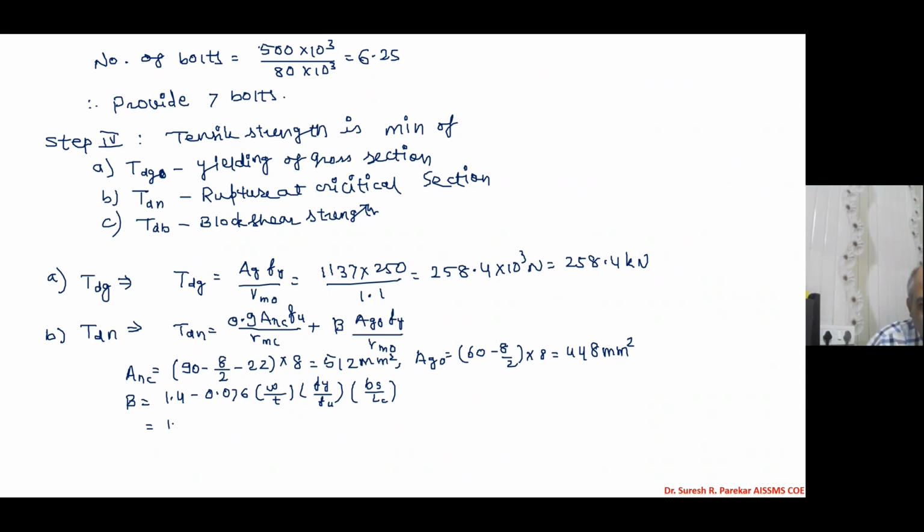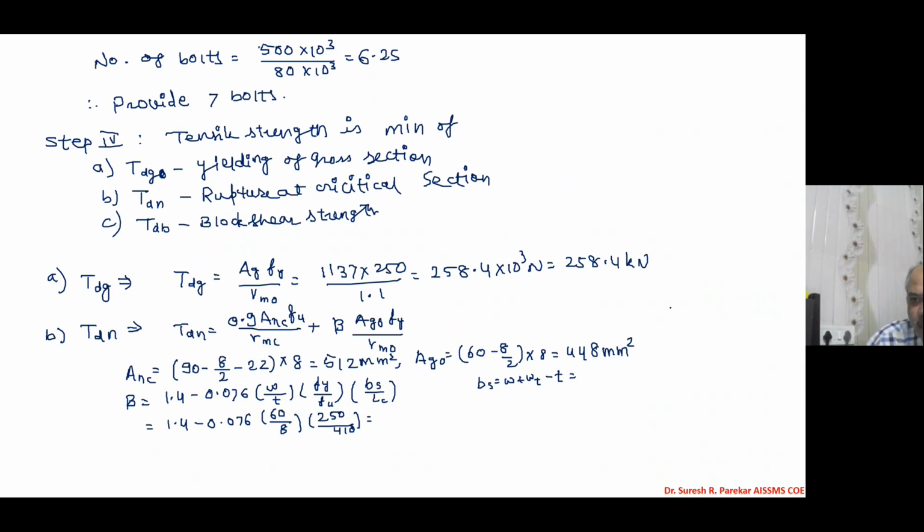So we have 1.4 minus 0.076, w is 60 by 8, 250 by 410. Now bs. So bs we have w plus wt minus t.